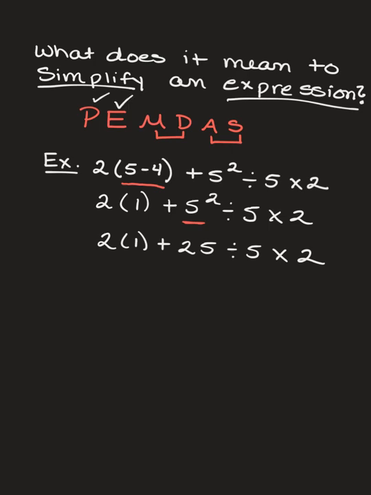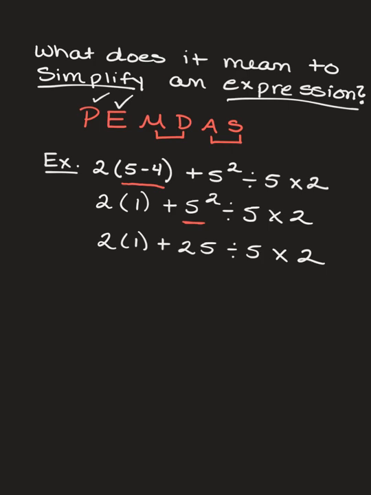Now, when you get to the multiplication and division, order of operations is not meant to go through the whole expression and only do the multiplication first and then do all of the division second. That's not how it's written. We're supposed to do multiplication and division together in the order that we see them, no matter which comes first or second, from left to right.